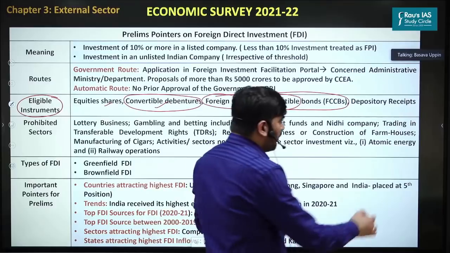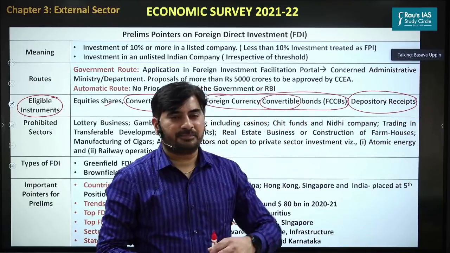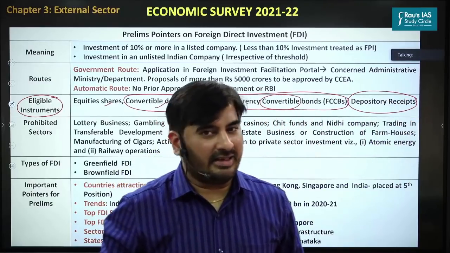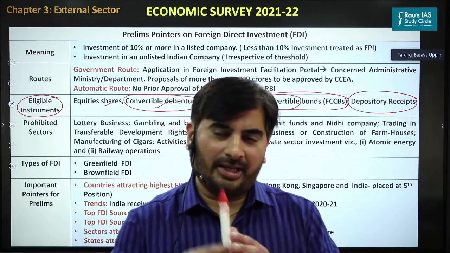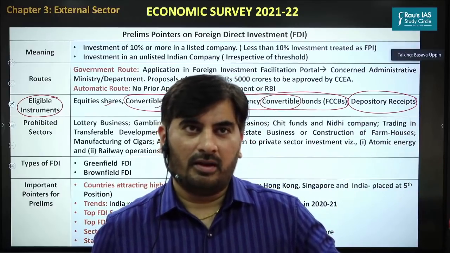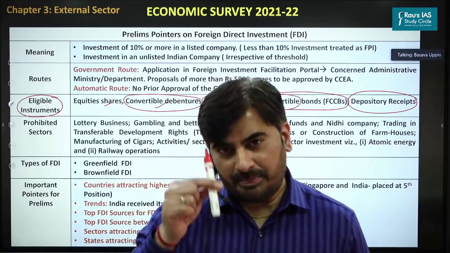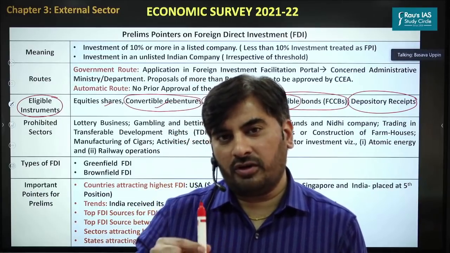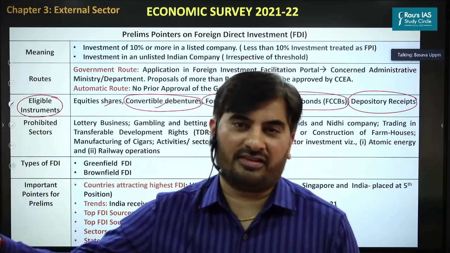Last and most important is depository receipts. So what are these depository receipts? Now let's say there's a company. Let's consider the case of Paytm. Now Paytm can issue shares in the Indian domestic market, right? Apart from issuing shares in the Indian domestic market, this company can also issue shares in, say, the US or in other countries.